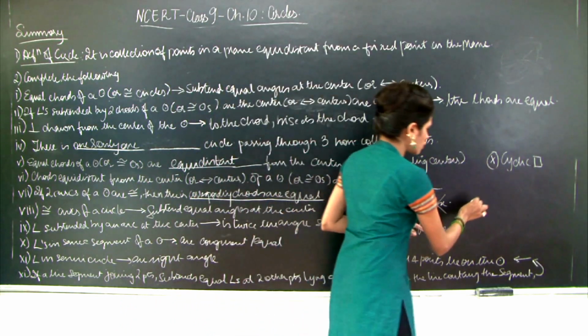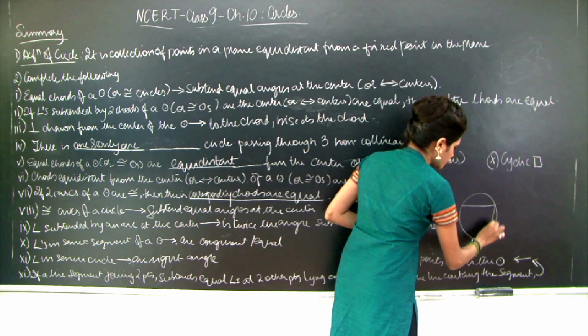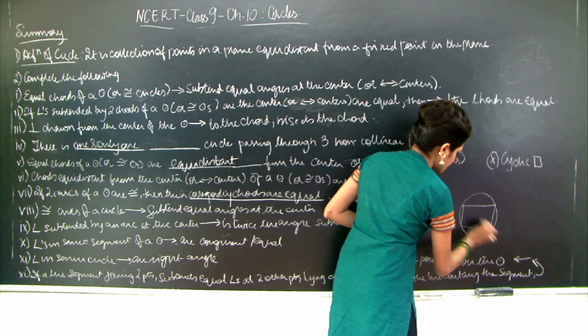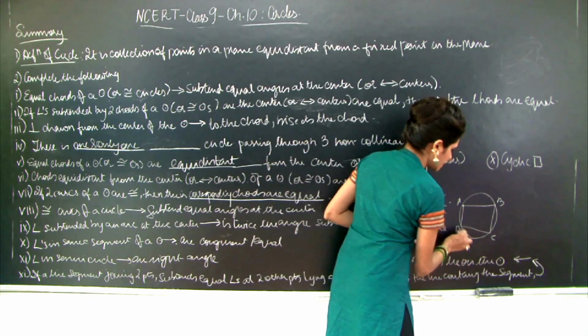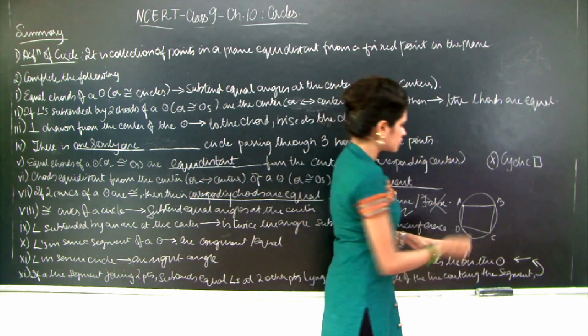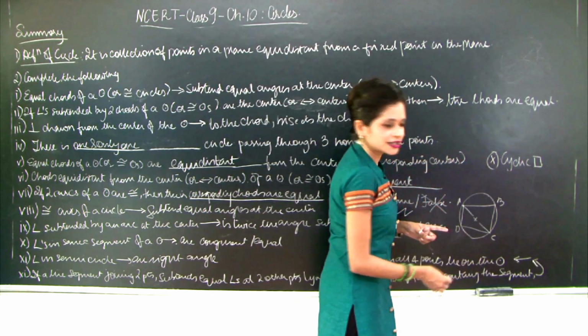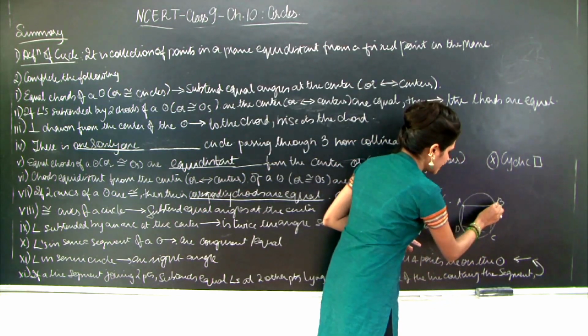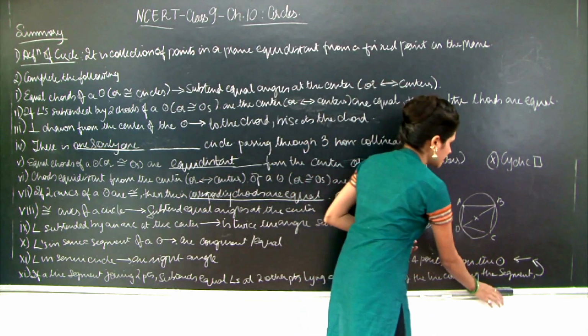So what is a cyclic quadrilateral? It's going to be something similar to this, where points A, B, C, D are all lying on the circumference of the circle. Angle A plus angle C is 180 degrees, and similarly angle B plus angle D is going to give you 180 degrees. So let's write this down.